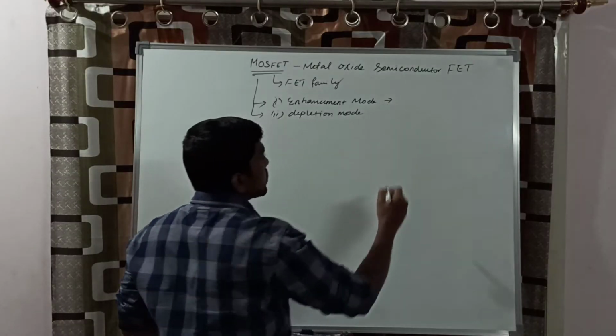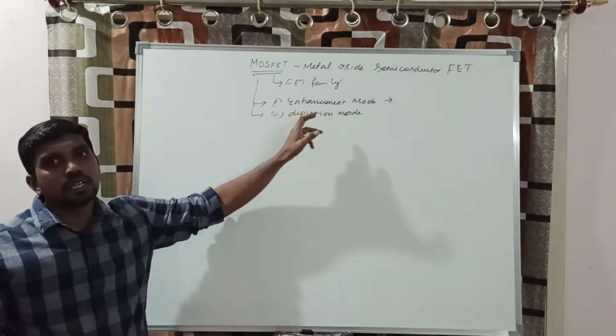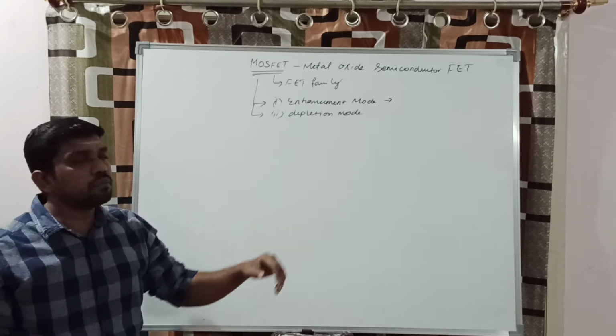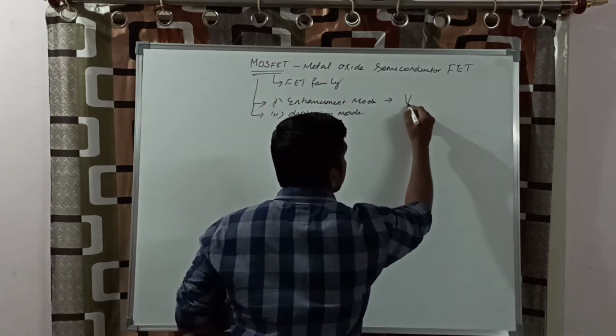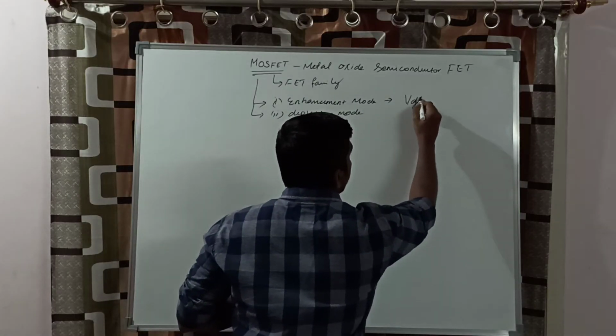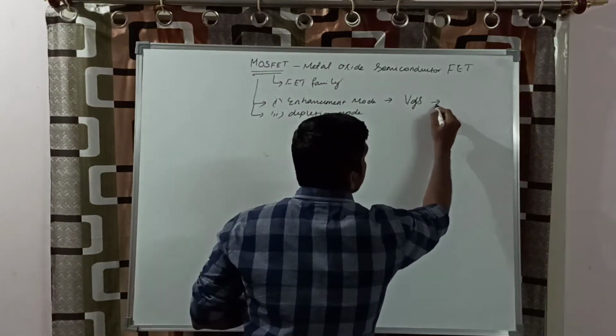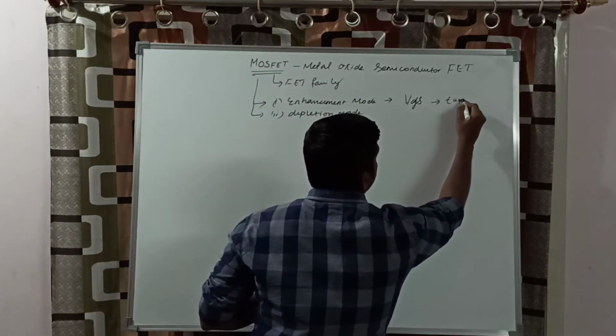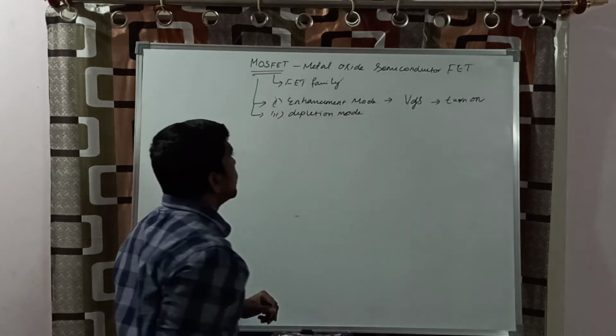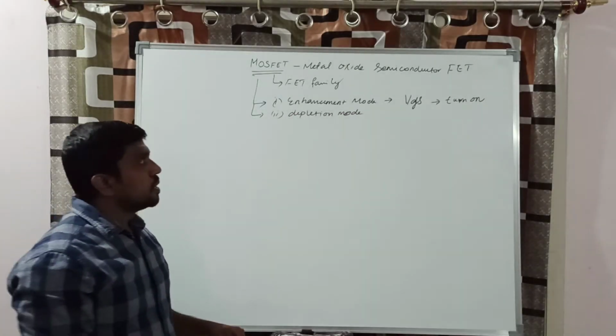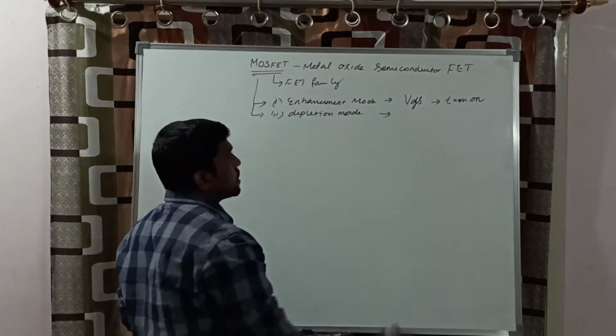What is enhancement mode? In this enhancement mode, the circuit is normally open. When you apply the VGS, gate to source voltage, the device is turned on. That's enhancement mode.